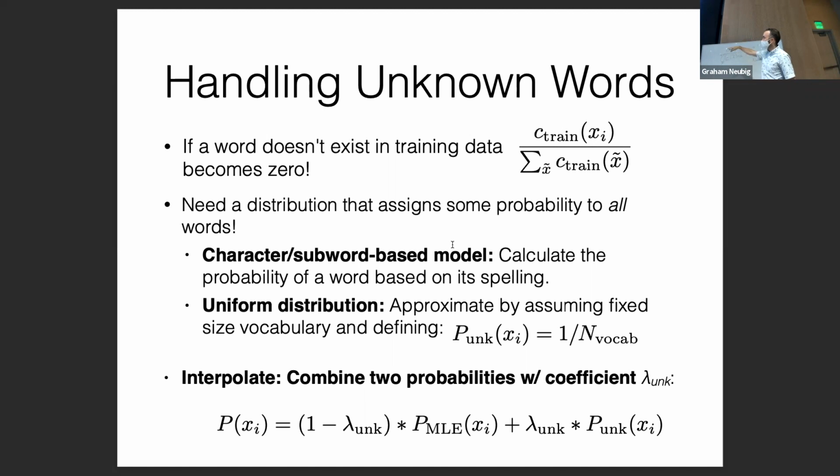Add one smoothing sets this to n vocab, where n vocab is the size of the vocabulary in regular add one smoothing. It's also called Laplace smoothing, I guess. But yeah, there's a connection. I'll try to make it more clear on slides next time.